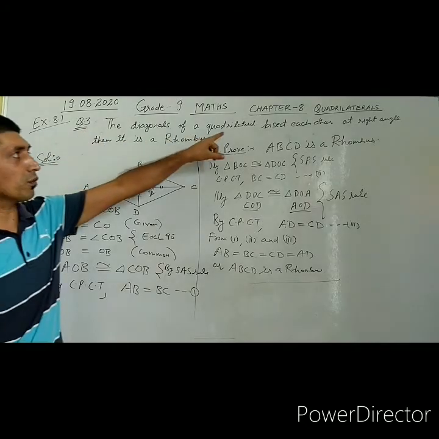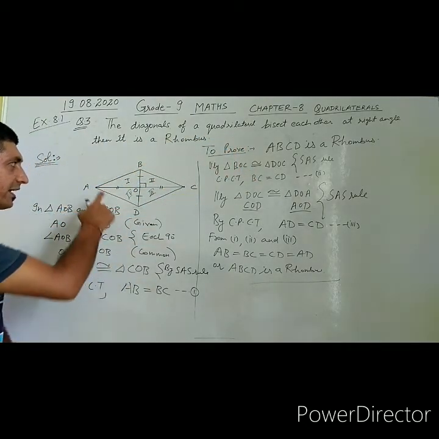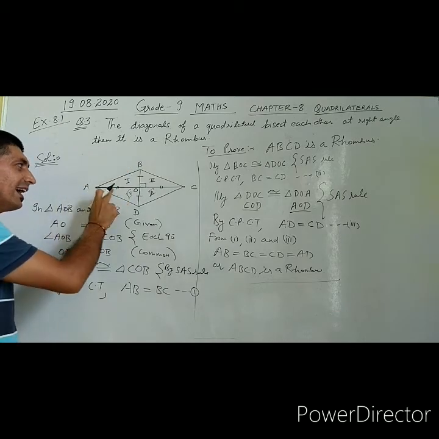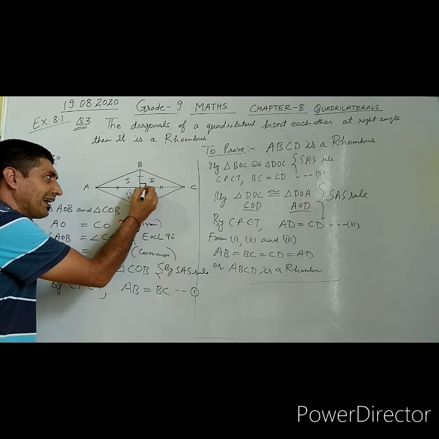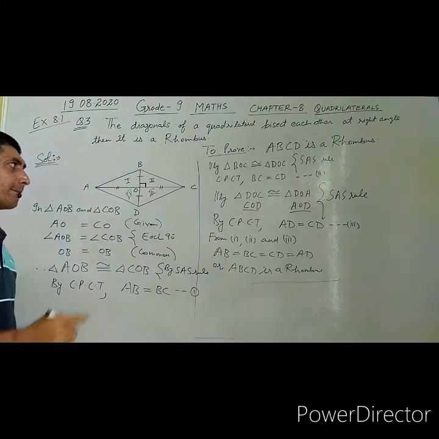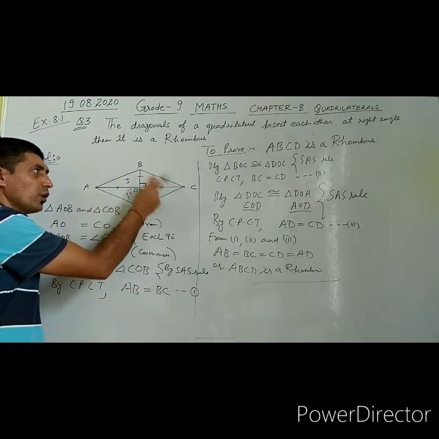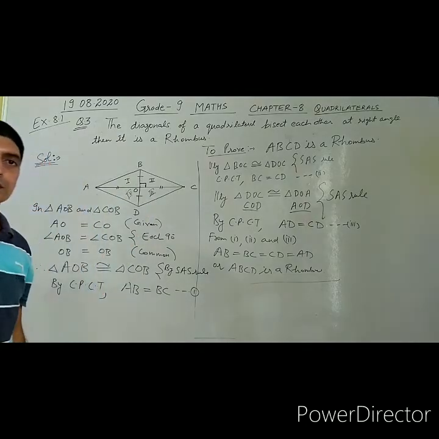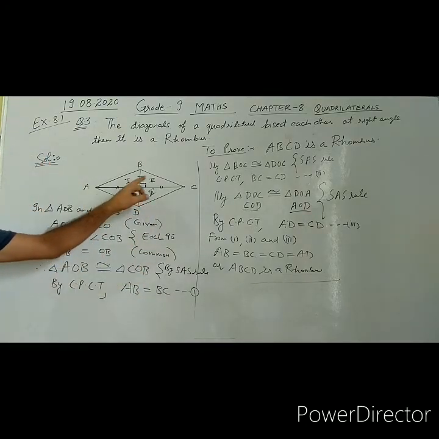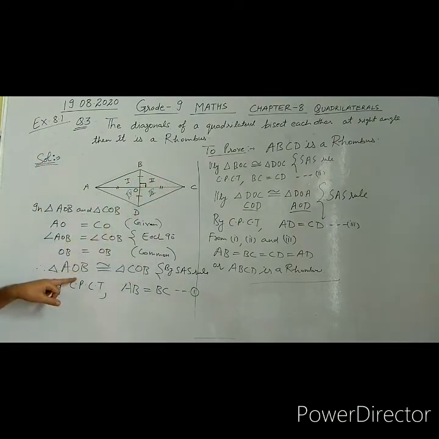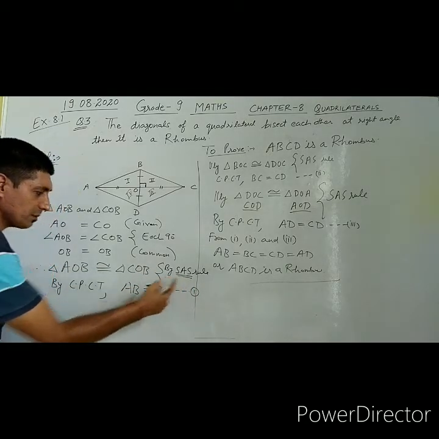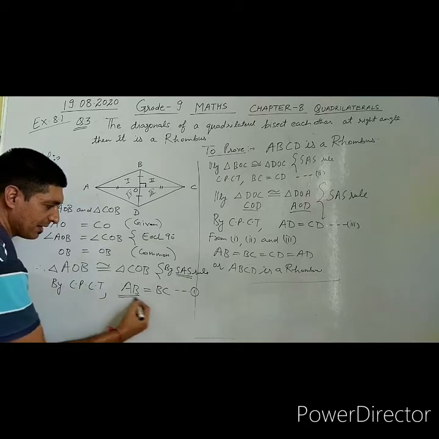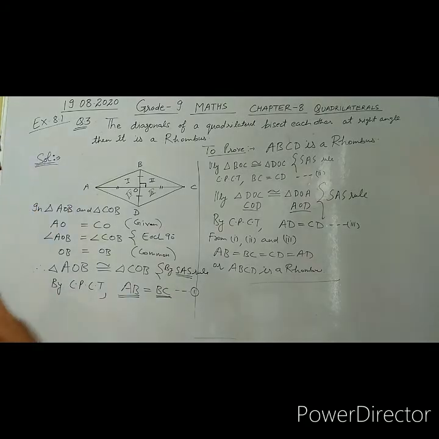The diagonals of a quadrilateral bisect each other. Here ABCD is a quadrilateral and AC and BD bisect each other at 90 degrees. Bisect means AO is equal to CO and BO is equal to DO. So we proved triangle 1 and triangle 2 congruent by the side angle side rule. Now CPCT says AB is equal to BC. Let this be equation number 1.